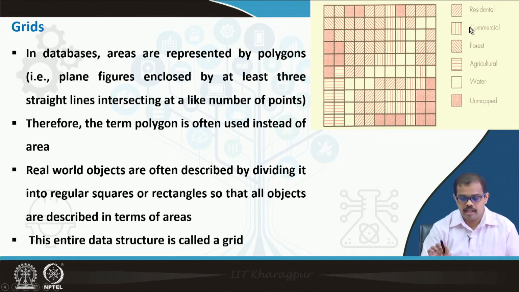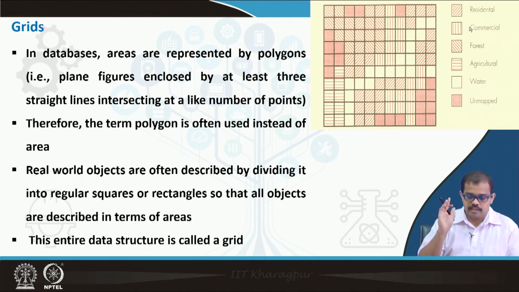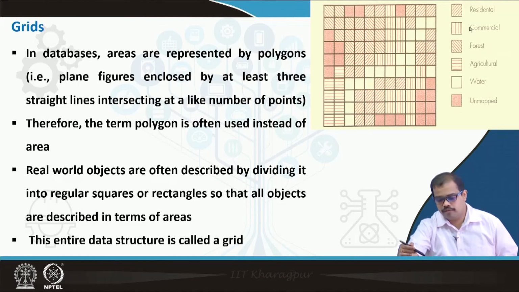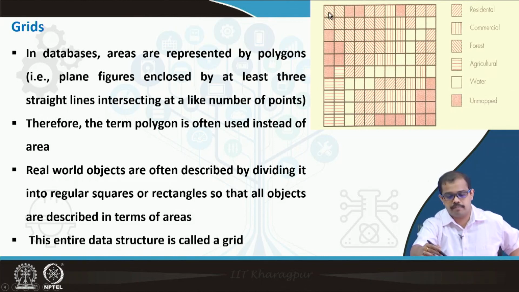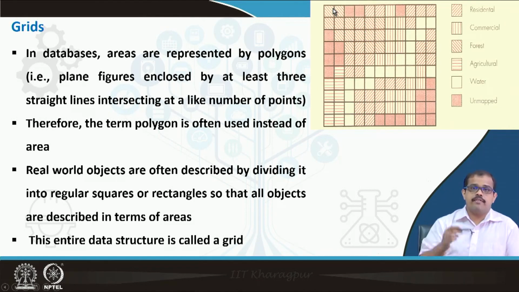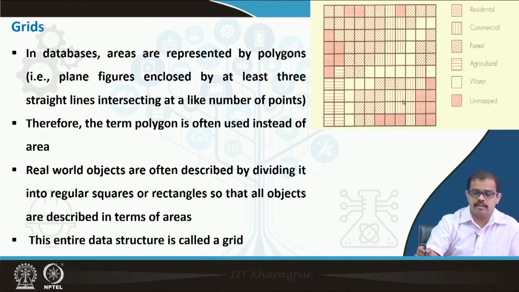Each polygon is represented by real world objects, in regular squares, and each represents an area. For example, this residential area is represented by this classification. Wherever you find this particular classification symbol, that is nothing but a residential area in this region. This is how the data is represented as a grid.